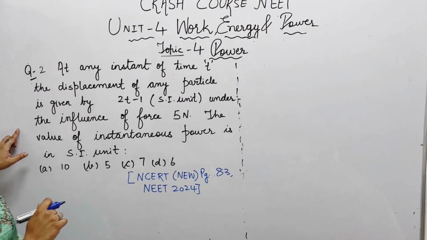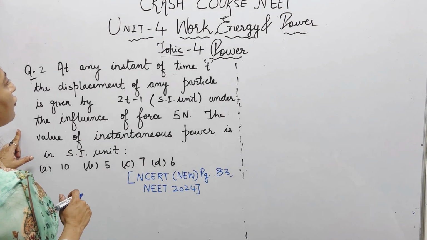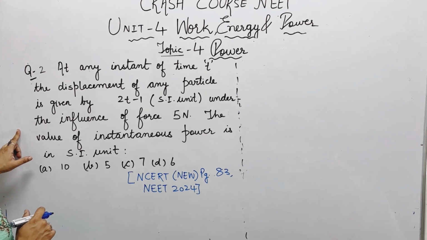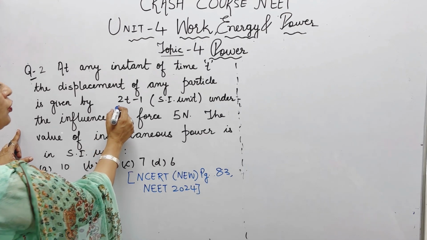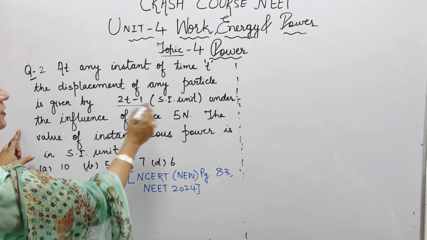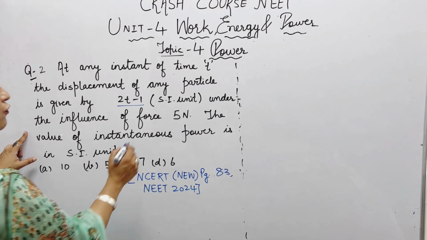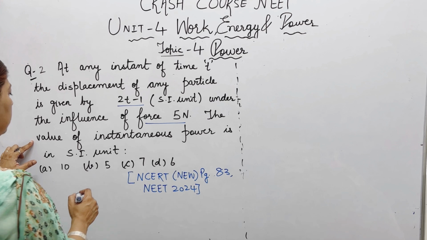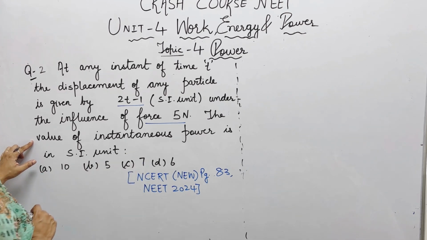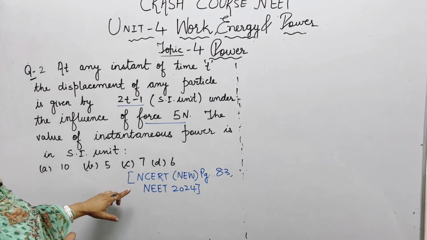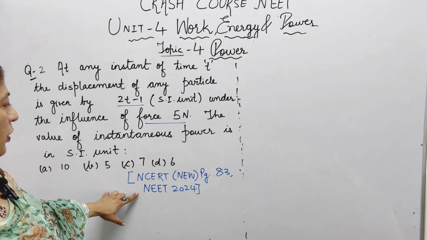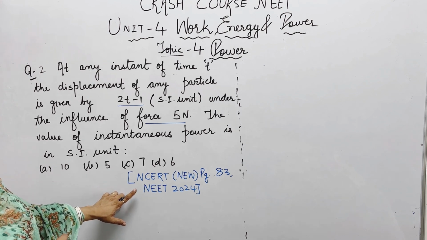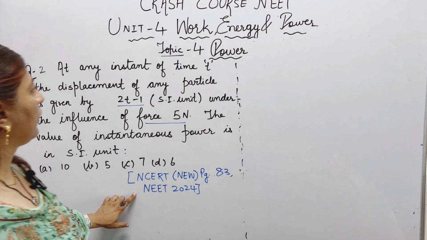Now question number 2: at any instant of time t, the displacement of any particle is given by 2t minus 1 in SI units under the influence of a force of 5 Newton. The value of instantaneous power in SI units is, and these four options have been given. Again, this question has come in NEET 2024 and this is on page number 83 of the new NCERT.